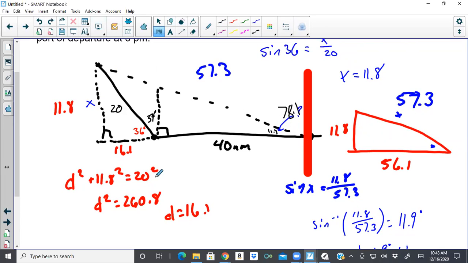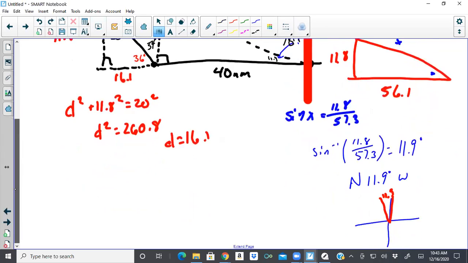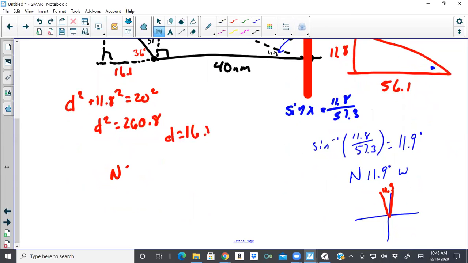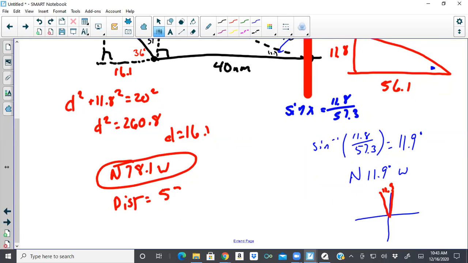So my actual bearing is going to be north 78.1 west. So that's the bearing that the ship took from the original port. And then the distance traveled is 57.3 nautical miles.